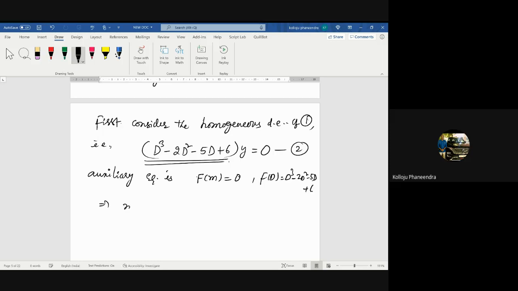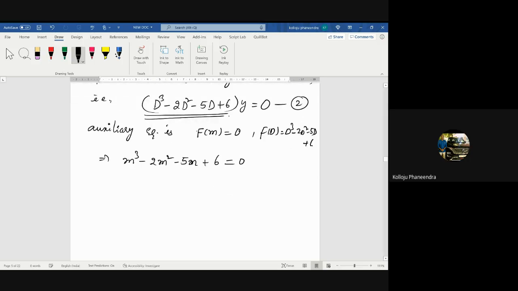That is equal to m cube minus 2m square minus 5m plus 6 equal to 0. Now it is a cubic equation, so definitely find one root by using trial. First root by trial, it's compulsory. By trial, put m equal to 1: 1 minus 2 minus 5 plus 6, 7 minus 7. By trial, m equal to 1 is the root.